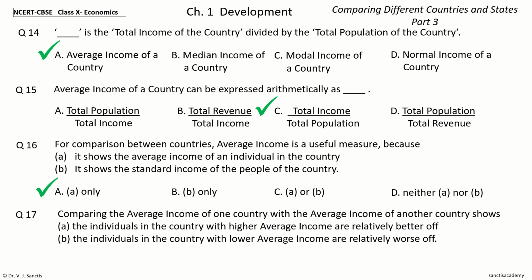B. The individuals in the country with lower average income are relatively worse off. The options are A only, B only, A and B, neither A nor B. Your time to choose.